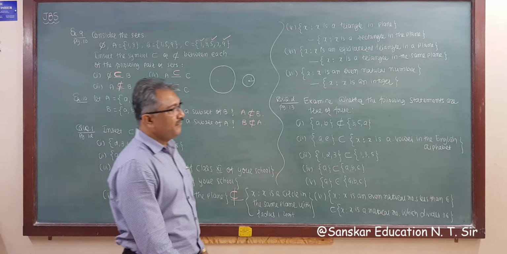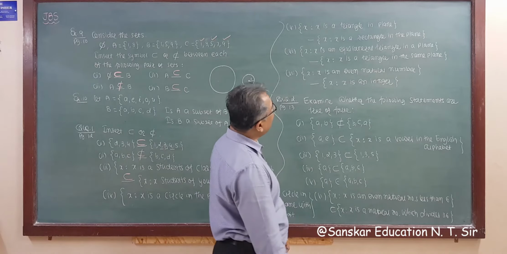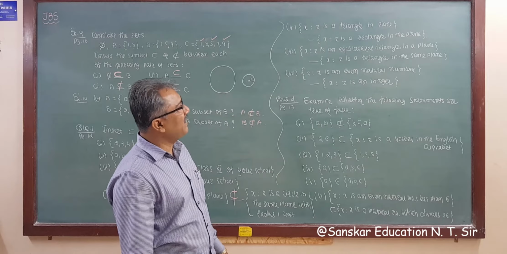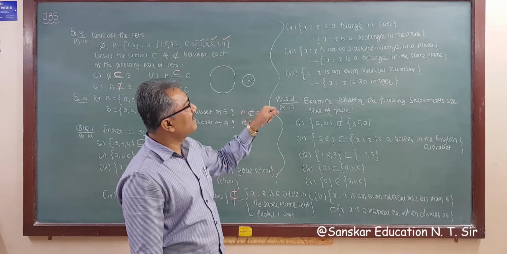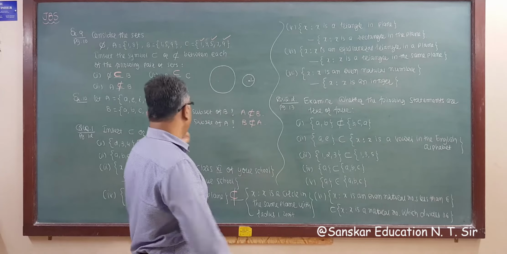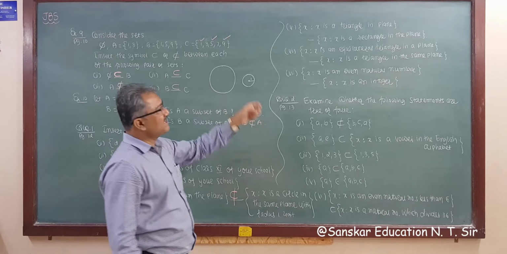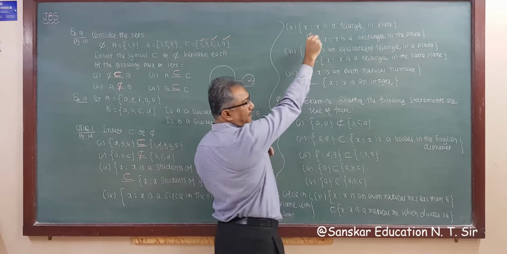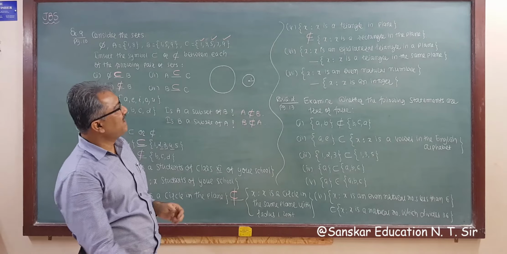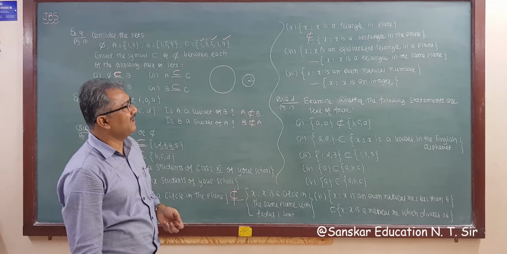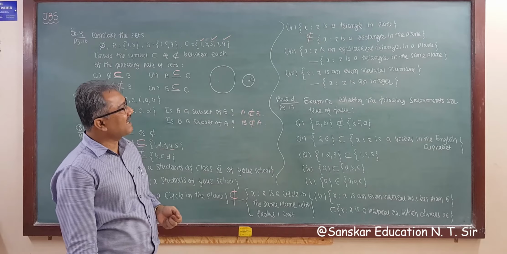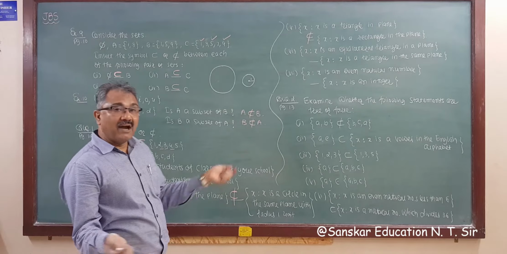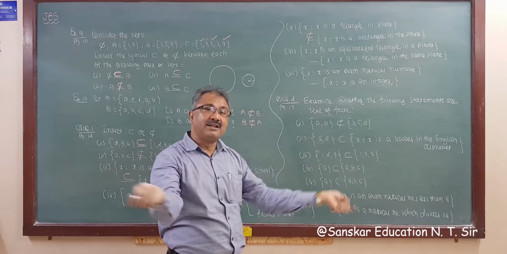Then fifth one. X is a triangle in the plane and Y is a rectangle in the plane. You can check clearly like this. So this is not a subset. Then 6. X is an equilateral triangle in the plane and Y is a triangle in the same plane. So every equilateral triangle is in the plane.